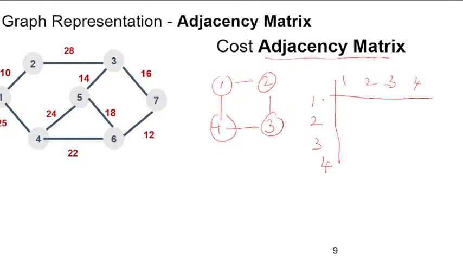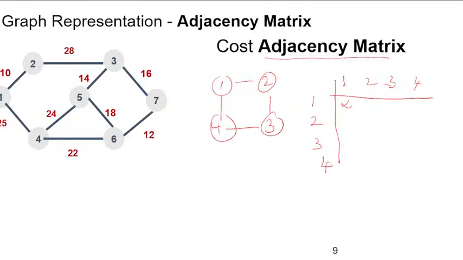And 1 to 1, there will be no cost for 1 to 1. If you have an edge from 1 to 1, it will form a loop. You are not supposed to have a loop in a graph in order to find a minimum spanning tree. So let us put infinity.